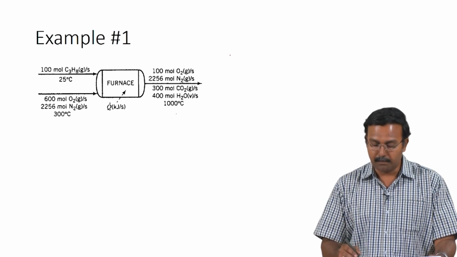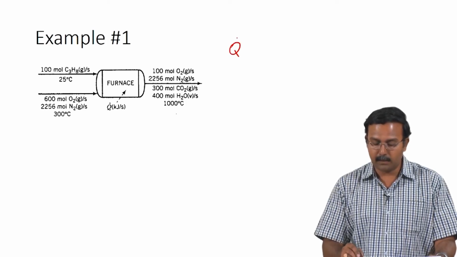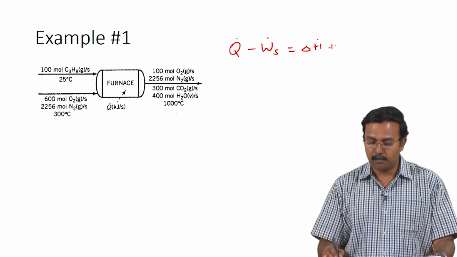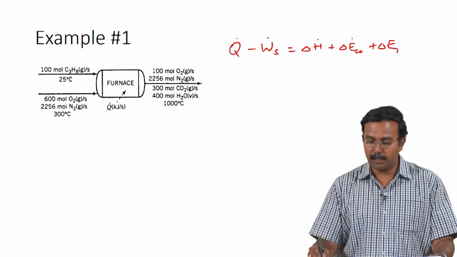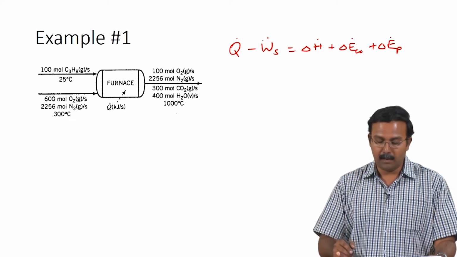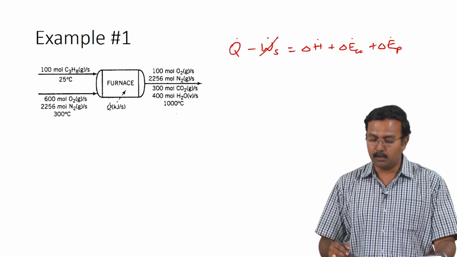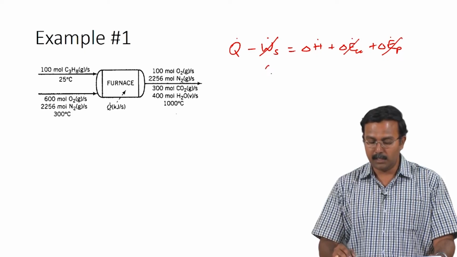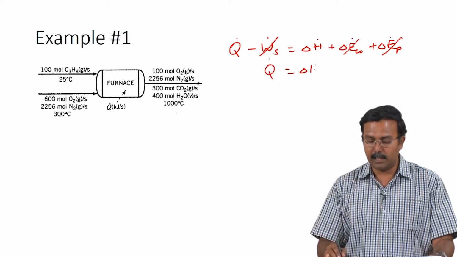For an open system, the general energy balance equation is Q dot minus Ws dot equals delta H dot plus delta Ek dot plus delta Ep dot. Here you do not have any moving parts, so shaft work goes to 0, and there are no kinetic or potential energy changes. So, the equation simplifies to Q dot equals delta H dot.